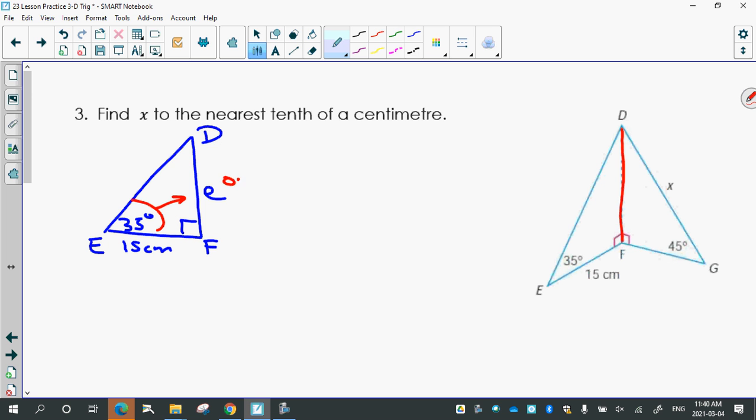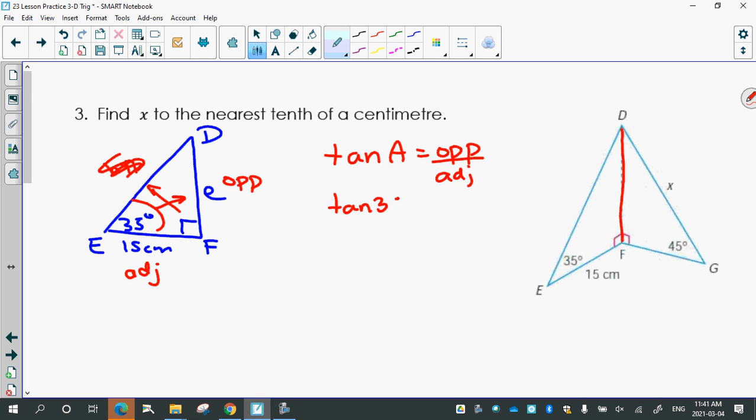So E is my opposite side, hypotenuse, and adjacent. I want to cross out the one I'm not trying to find and don't have, so that's the hypotenuse, which means it's tan again. Tan of an angle is the opposite over the adjacent.